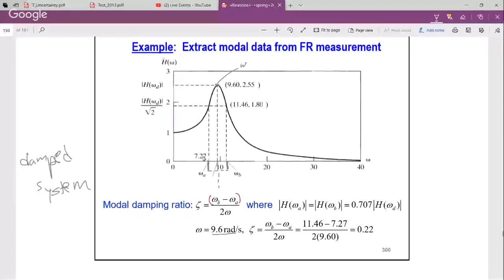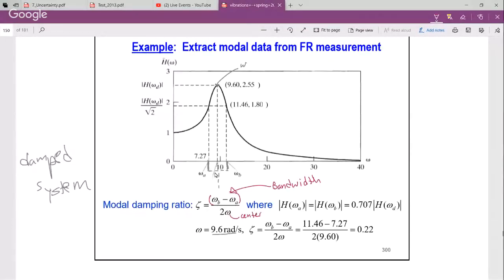The damping ratio of the peak is given by the bandwidth divided by 2 times the center frequency. So in this case, the peak frequency is, say, 10.